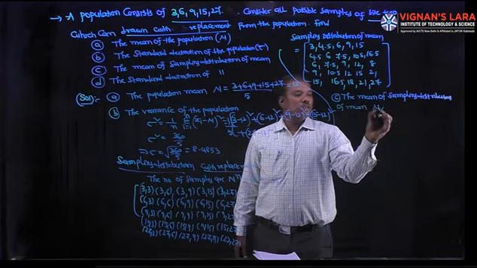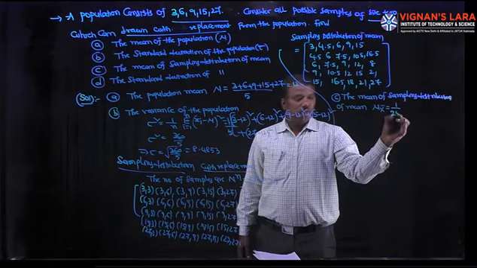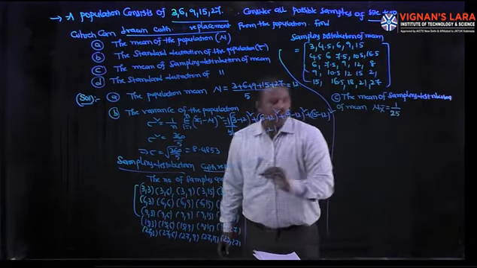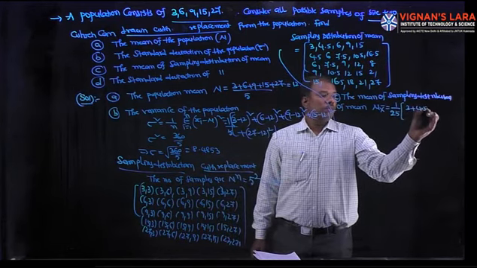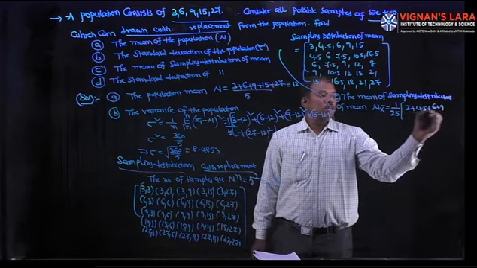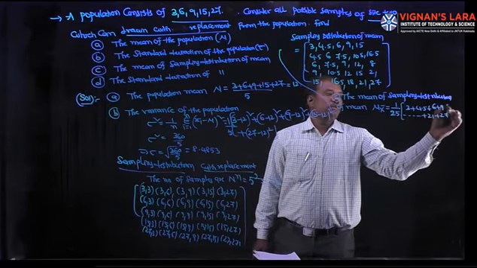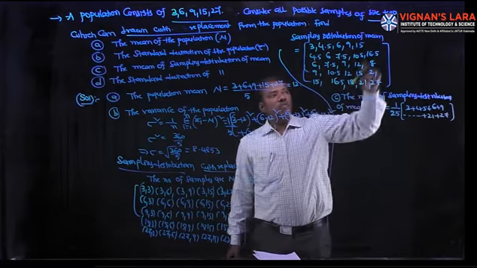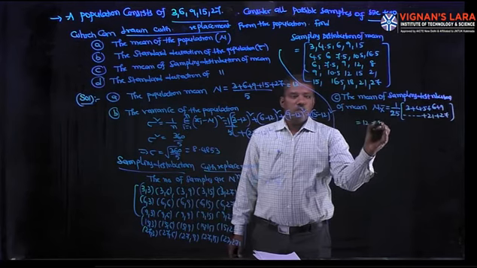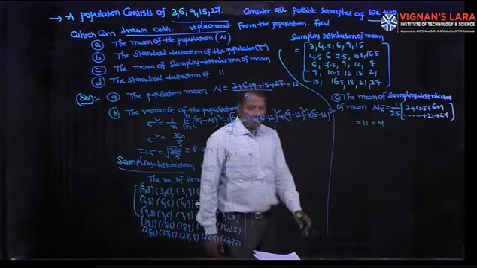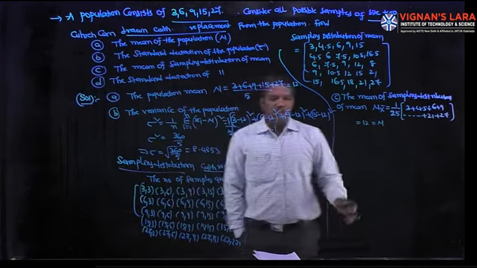Mu x bar is 1 by 25, since we have 25 elements, into 3 plus 4.5 plus 6 plus 9, and so on, last but one 21, plus 27. Summation of all 25 elements by 25, that is equal to 12, which is mu. Always, with replacement or without replacement, mu x bar equals mu; calculate with the help of a calculator.